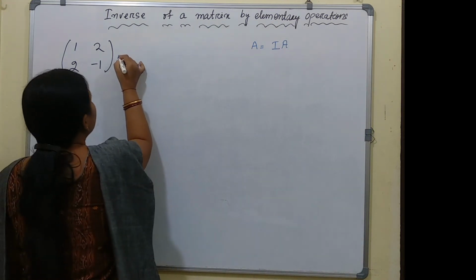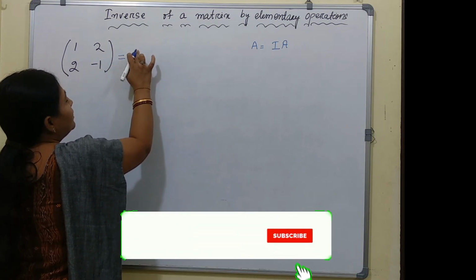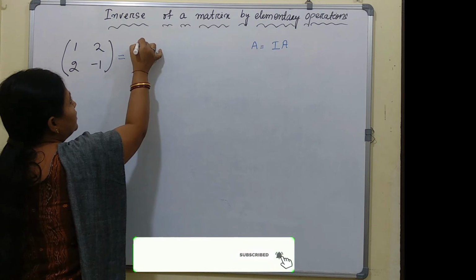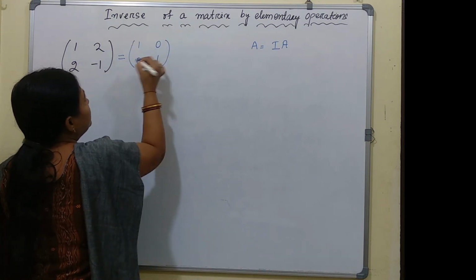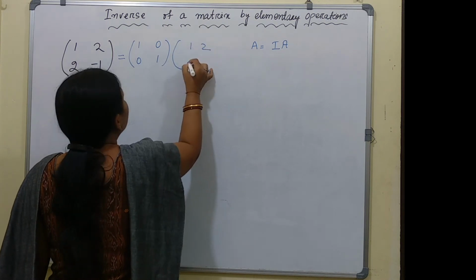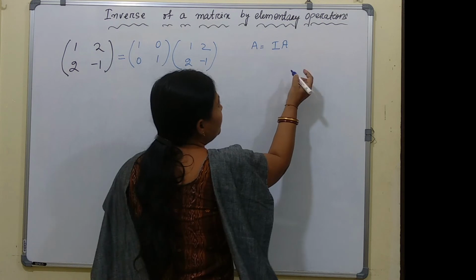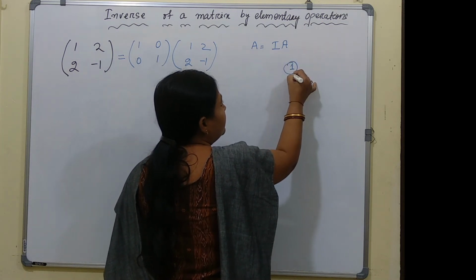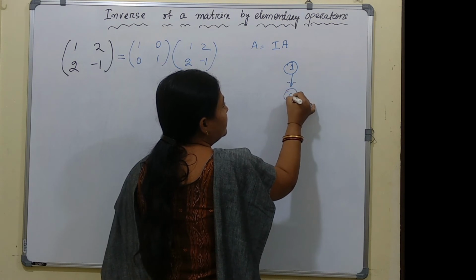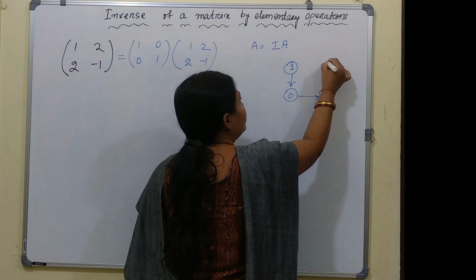So we write this matrix equals I, the unit matrix of order 2, that is 1 0 0 1, into 1 2 2 minus 1. Follow this rule: first convert this element to 1, next this element to 0, next this element to 1, and next this element to 0.